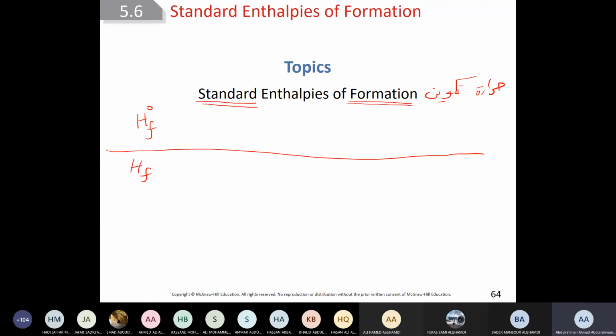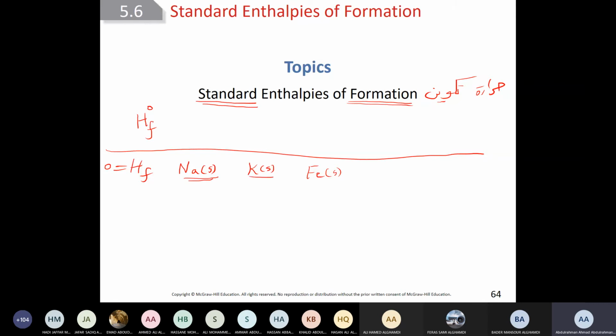The heat of formation of any element available in the periodic table, like for example, Na solid or K solid or Fe solid, I write it with this circle, and the heat of formation for this element equals 0, because these are the basic elements, how they are available.